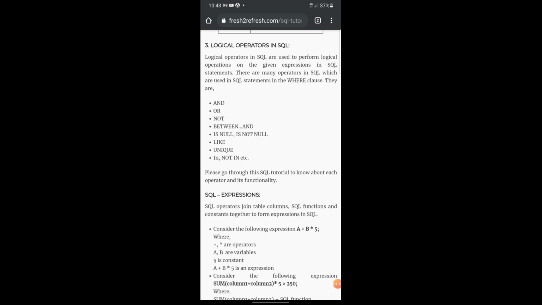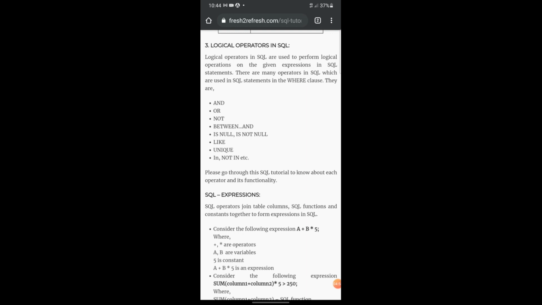Say, for example, you are given an employee table and you have to find who are those employees who do not belong to the city Kolkata, or who are those employees who belong to a certain group of cities like Kolkata, Delhi, Mumbai, Hyderabad, etc. In that kind of scenario, you have to write a statement like: select name from that employee table where city not in, or city in, the names of the cities.